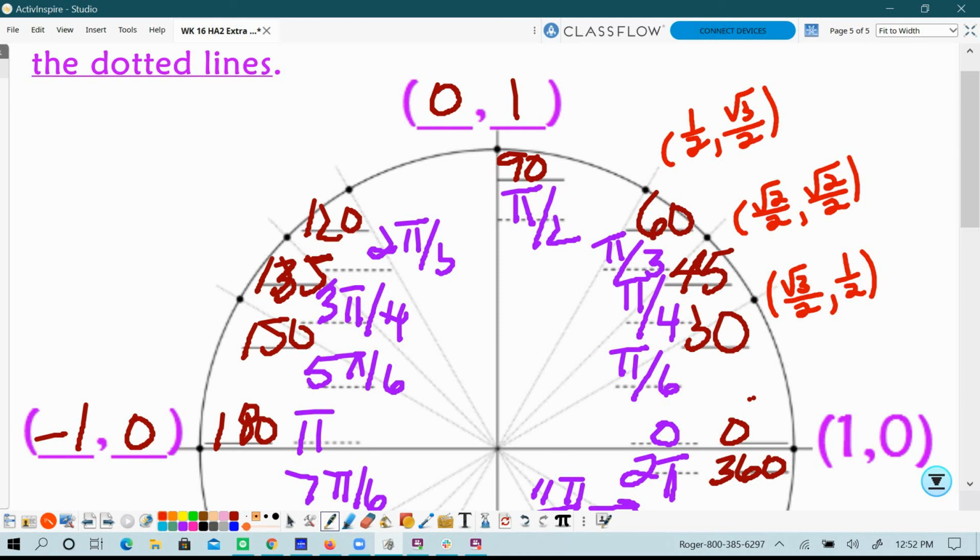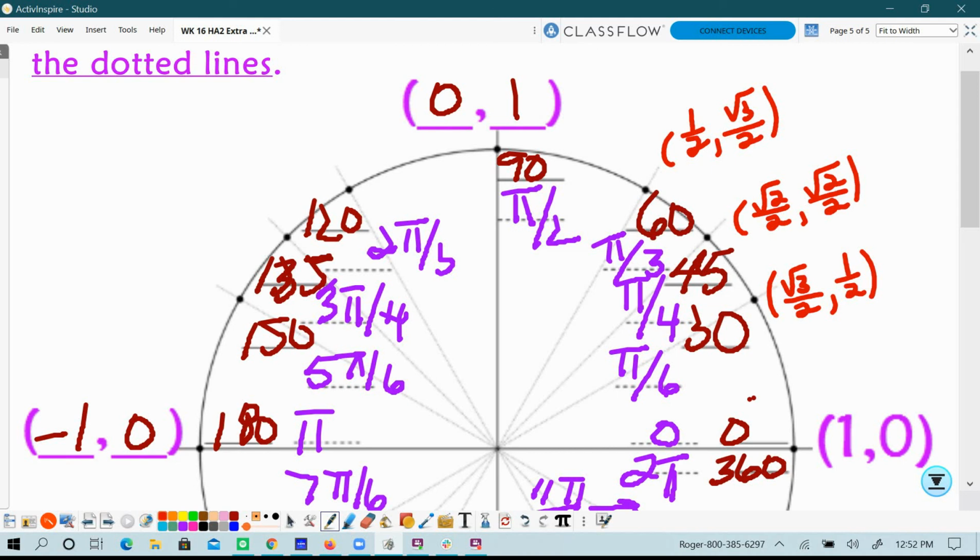So if you study your special right triangles, from the sides labeled on those triangles you can then determine what the sine and the cosine are of these 3 angles in quadrant 1. That will explain how you get these 3 coordinates.